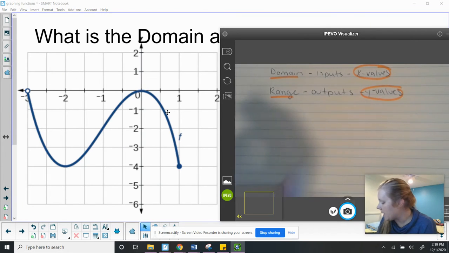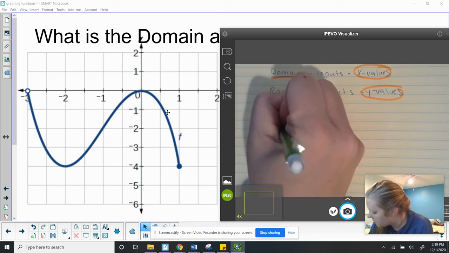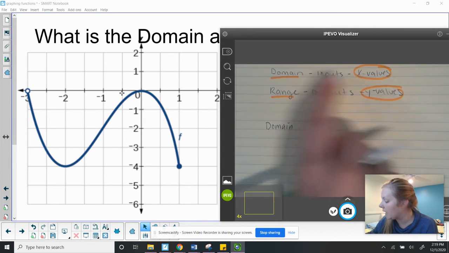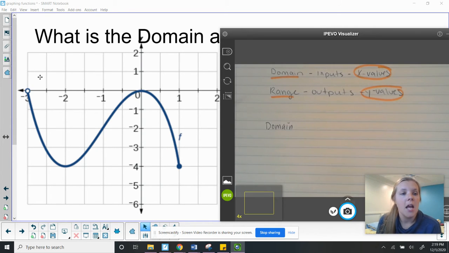And the domain then, this is tricky. This is hard work, just so you know. The domain are the x values. Domain goes with the x. And we're going to write inequalities here to help us identify the domain.